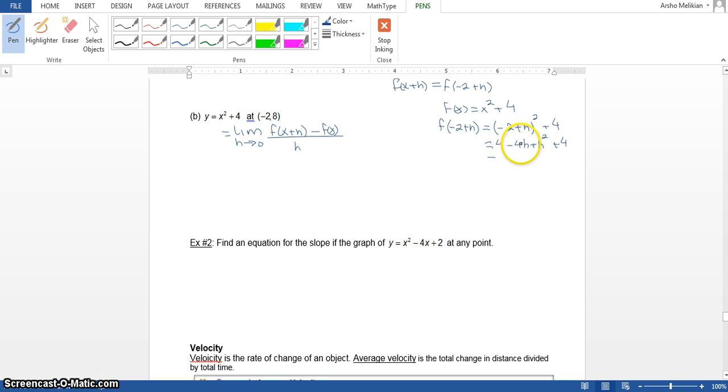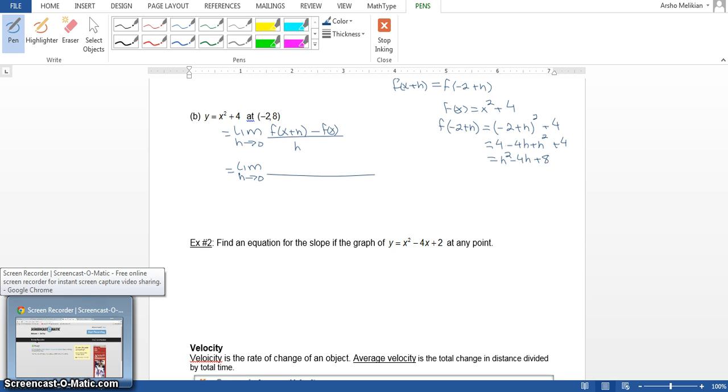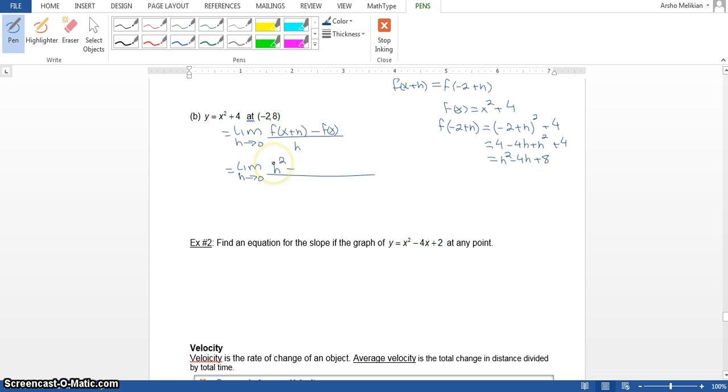So f of negative 2 plus h is h squared minus 4h plus 8. Now let's go back here. This is the limit as h approaches 0 of, I have f of x plus h, which I already found. That's h squared minus 4h plus 8 minus f of x, which is f of negative 2, which is 8.